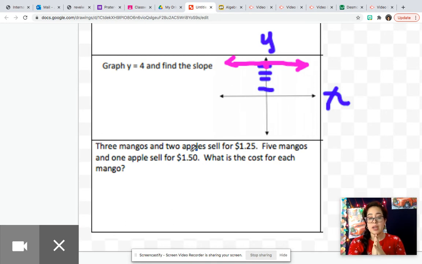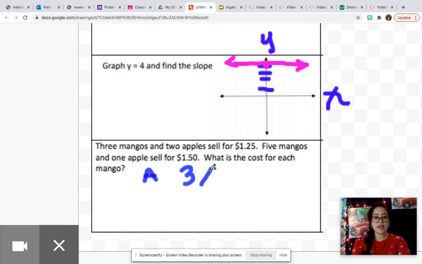Let's say they only have one type of apple, one type of mango, and they're buying from the same type. Okay, so this is in a perfect world where they're all from the same store, the same product, the same price. So the first person A bought 3 mangoes, so I could use X for mangoes.